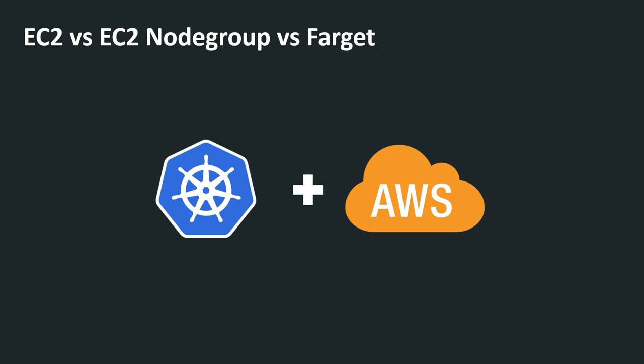So these are the three steps of worker node infrastructure management you have available in AWS. Or you can even use both EC2 and Fargate at the same time for the same EKS cluster. So basically from the hosting perspective of where your containers are running, having EC2 and Fargate as alternatives.